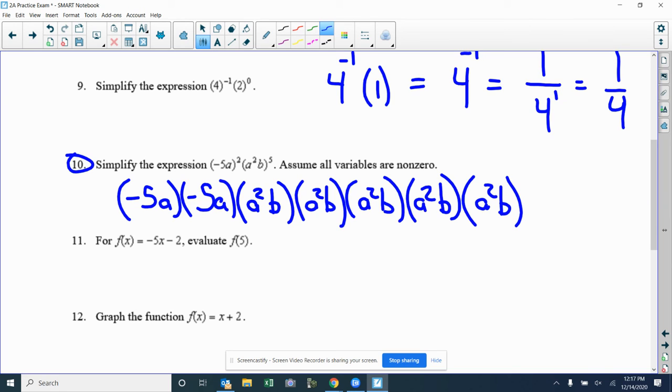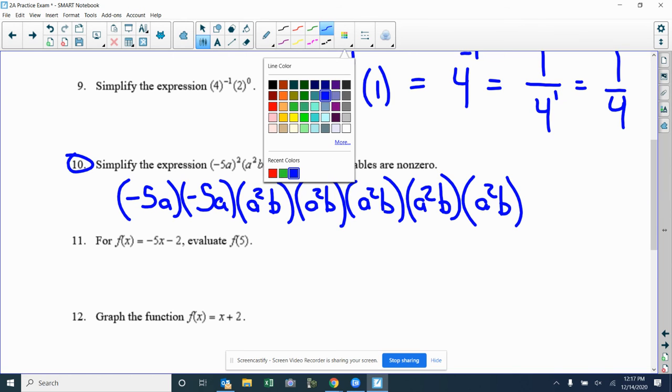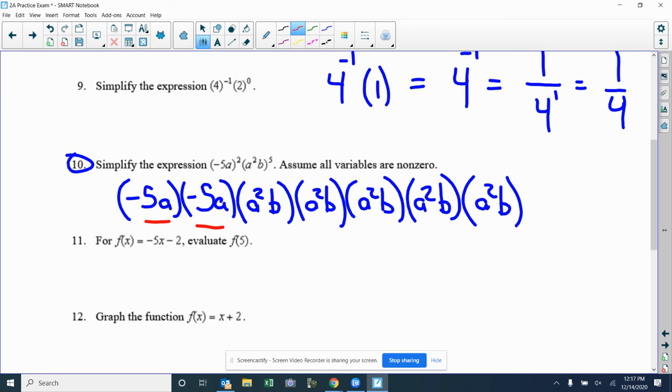Does everybody understand? So how many of this first term do I have? 1, 2, because I raise it to the second. How many of this second one do I have? 1, 2, 3, 4, 5, because I raised it to the fifth. So I went the long route and expanded. Once I expand, I multiply the numbers and add the exponents. So my numbers are what?